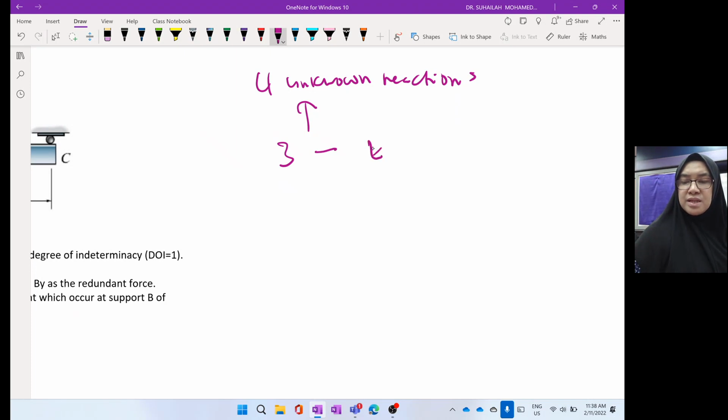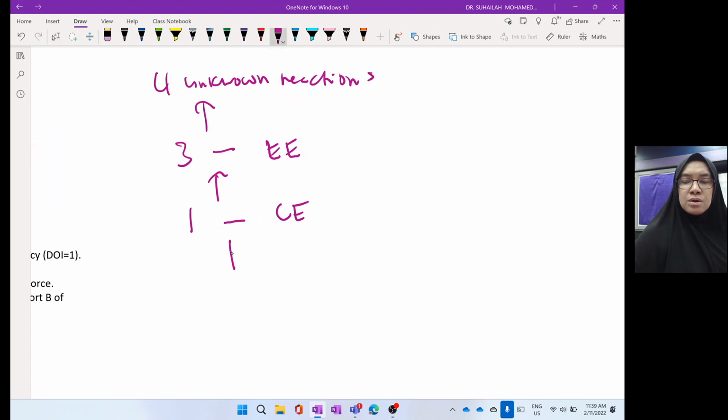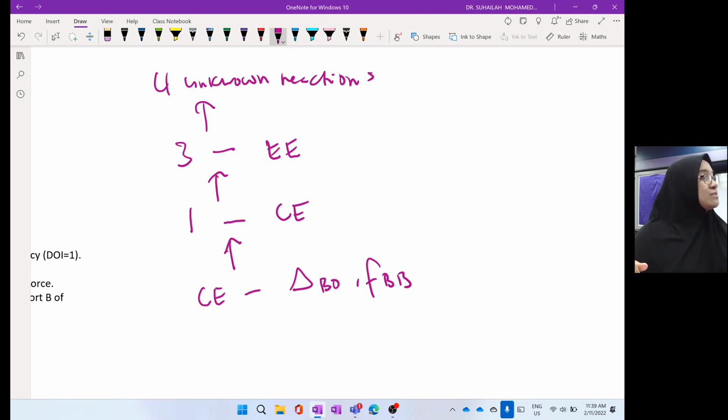These 3 can be solved using the equilibrium equation. And 1 we solve using the compatibility equation. So the compatibility equation is based on displacement delta B naught and FBB inside the compatibility equation for this question. Clear that one? Okay, there are two displacements called delta B naught and FBB.